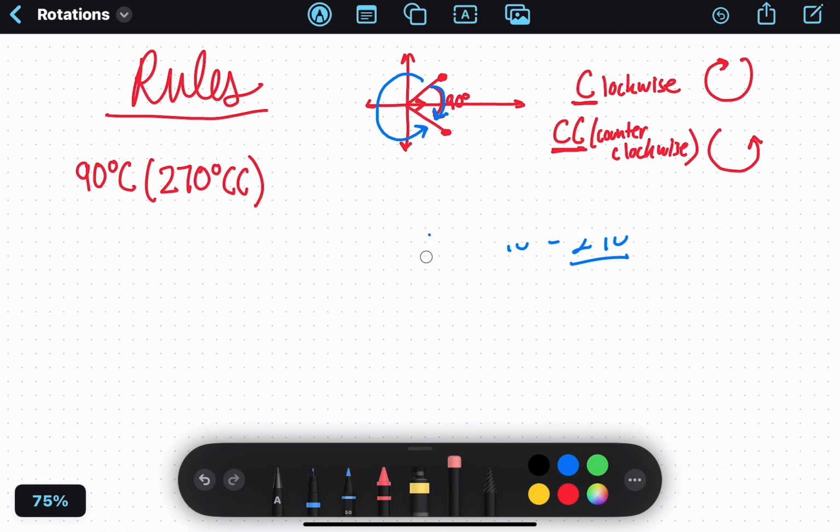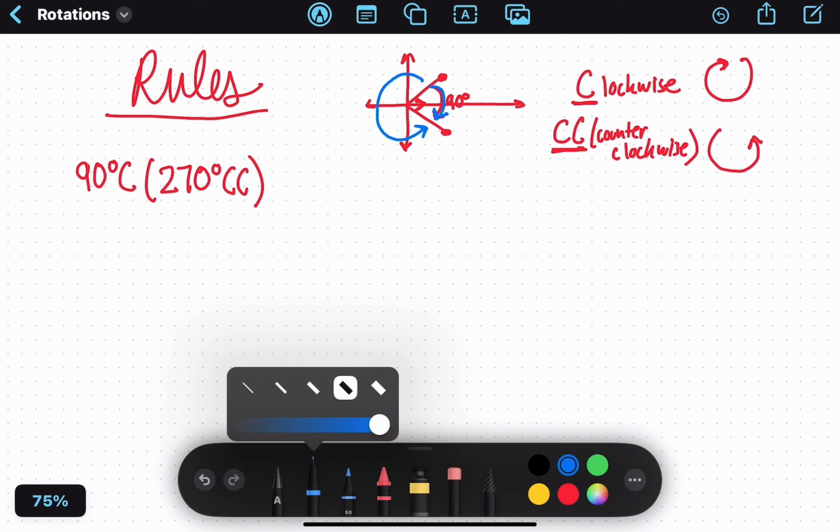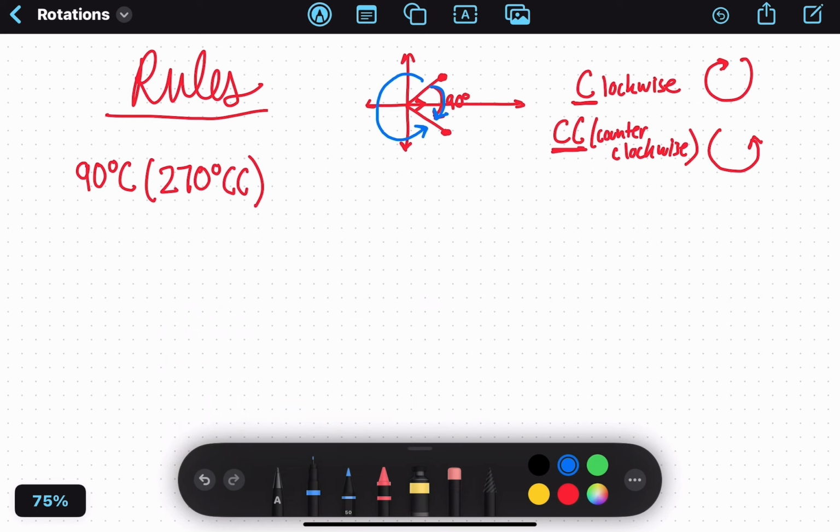Now, to get down to the rules and how to change the signs, we have a point (x, y). This is going to be our model point over here. Rules for (x, y).